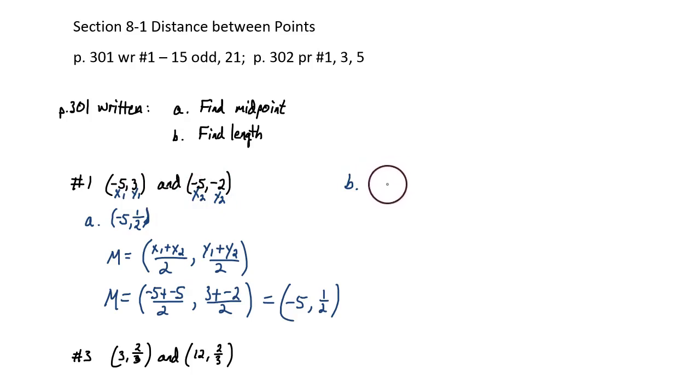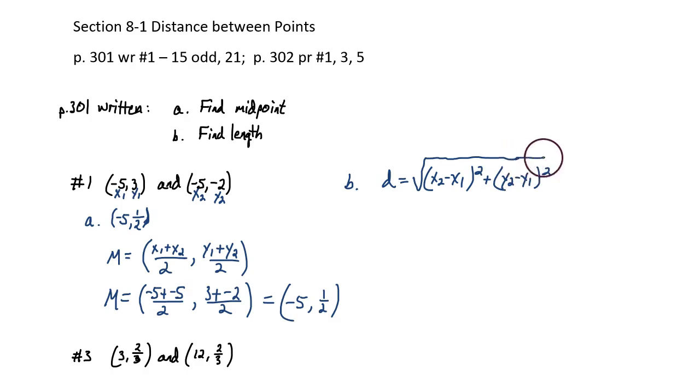To do this, we're going to use the distance formula. The distance equals, let's use the letter D to represent distance for now, the square root of x2 minus x1 squared plus y2 minus y1 squared. This is called the distance formula, and we created this in our lesson.